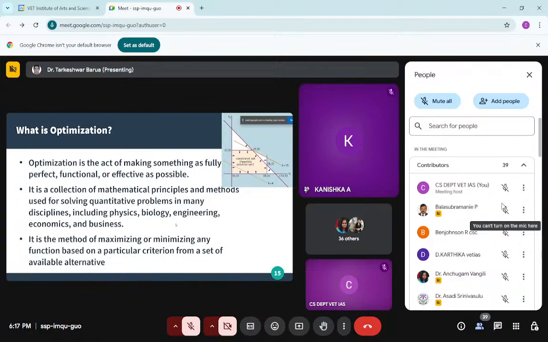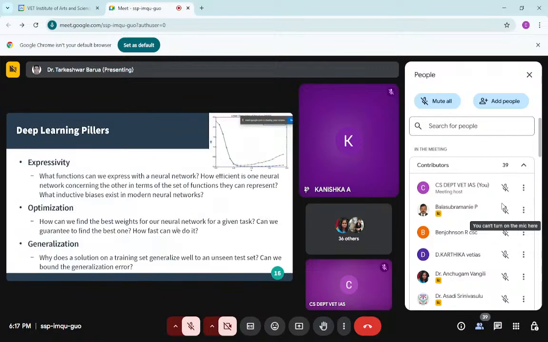So deep learning is basically based upon expressibility, optimization, and generalization. If we can cover these three points, then we can achieve the best fine-tuned deep learning model.